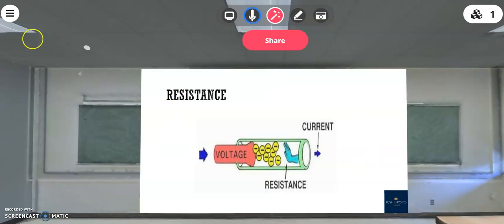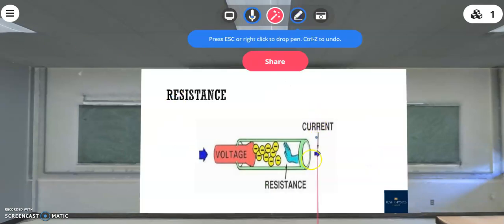Now what we can see in this diagram is the voltage flowing in this direction, and the path of the electrons is towards this direction. As you can see here, more electrons are here. You must have studied in chemistry about the free electrons.